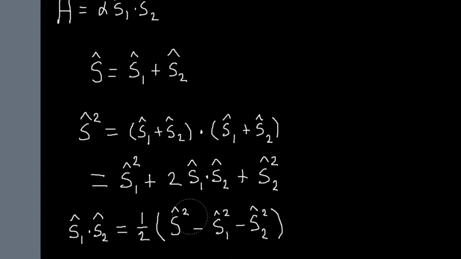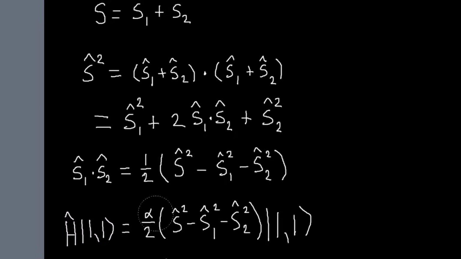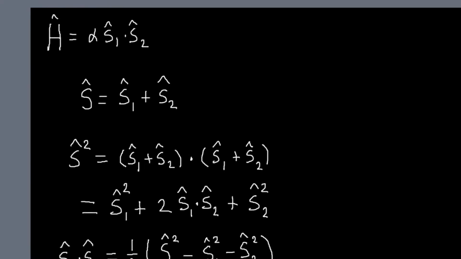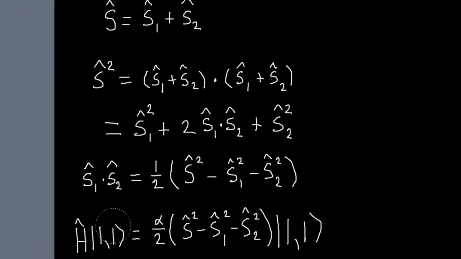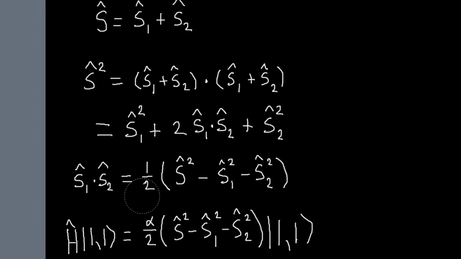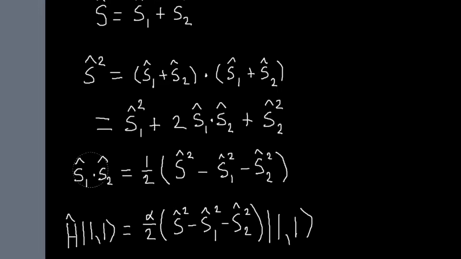So now at least it makes a little more sense why the eigenstates of this operator corresponded to states of definite total angular momentum and total z component of angular momentum. And now that we've rewritten our operator like this, we can solve our problem much more easily, because we can expand our state vector in terms of the eigenvectors we found before, and we know how the Hamiltonian will act on them.